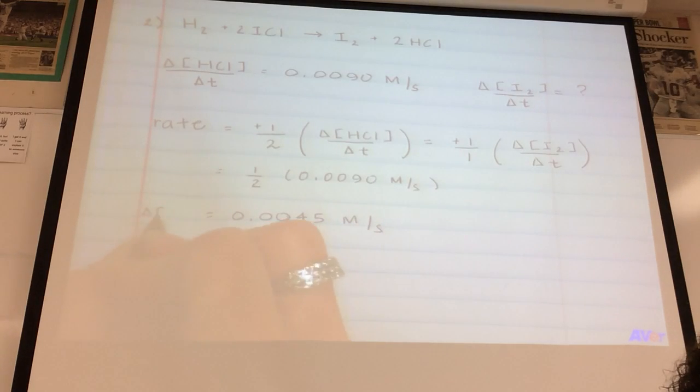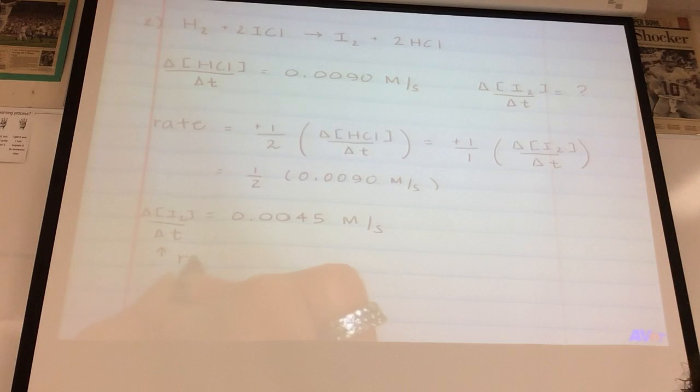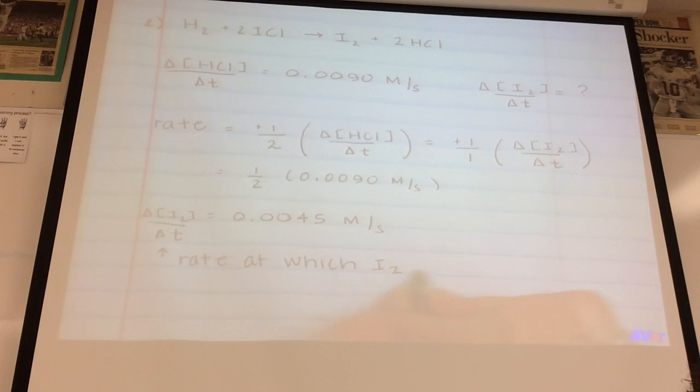That is the rate at which iodine appears. And again, products appear, reactants disappear.